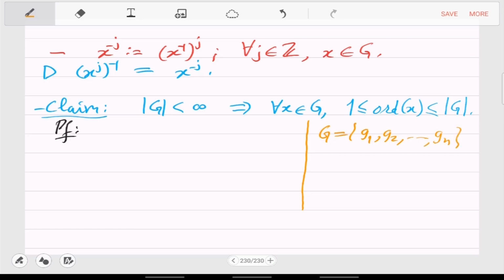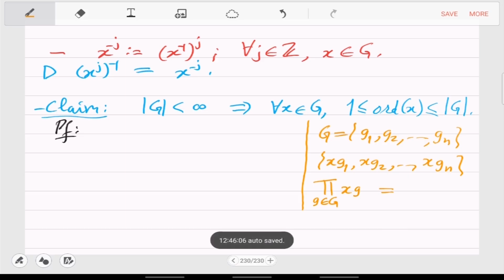Element is x, so you look at these elements xG1, xG2, xGn, right, and then you take the product. What is this product? Can you simplify this? What is it? X to the n times the product of g.